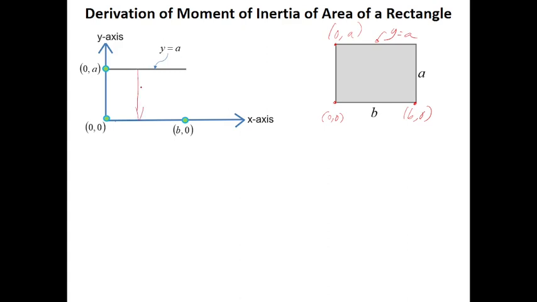Ang vertical distance dyan ay A. So, kahit anong value ng x, ang y mo laging A. So, yan ang equation ng horizontal line, wherein the vertical distance from the x-axis to that line is equal to A.